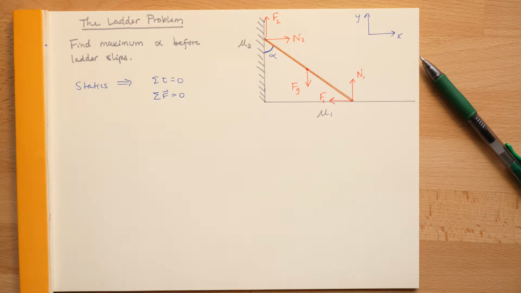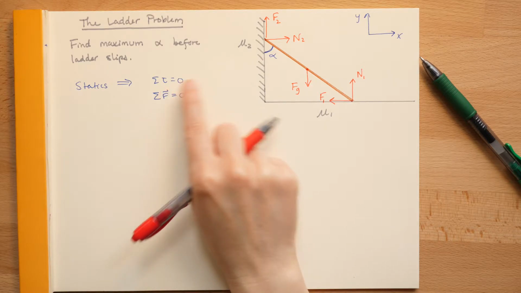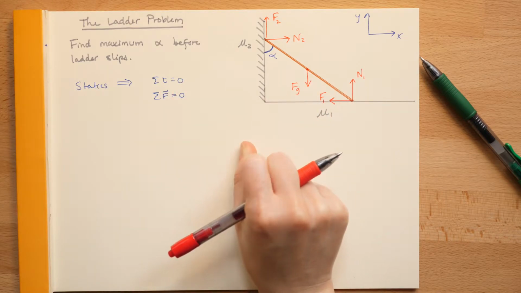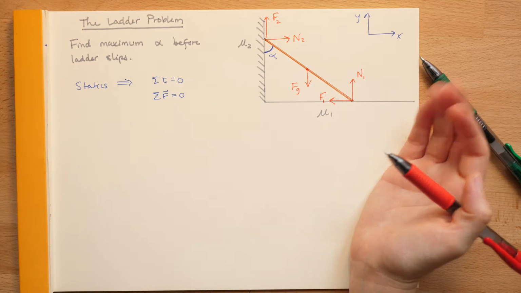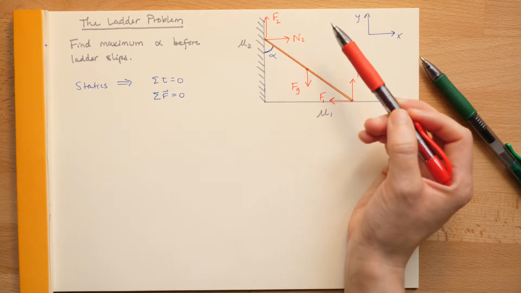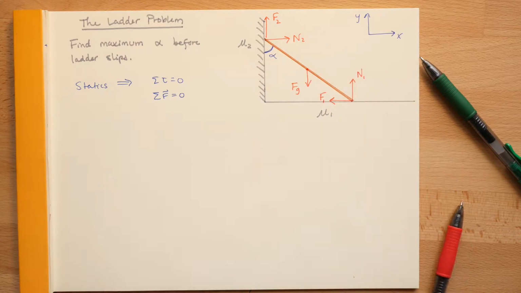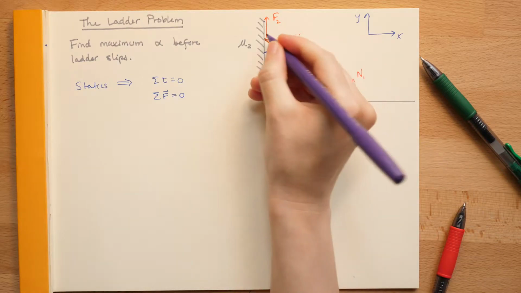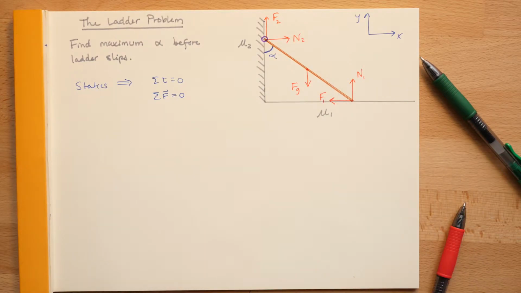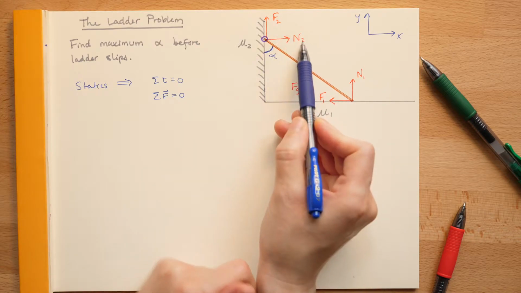So let's start with the torque. I think I get to choose my pivot, so I will pick my pivot to be here, and we'll see what happens. So when we're summing the torque then, these two forces won't exert any torque.